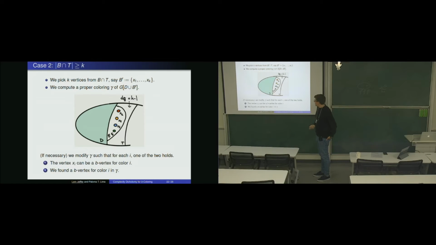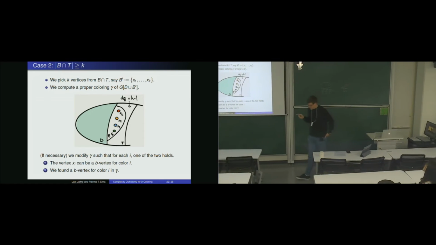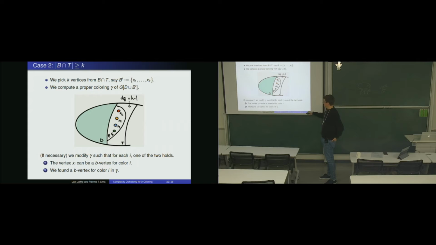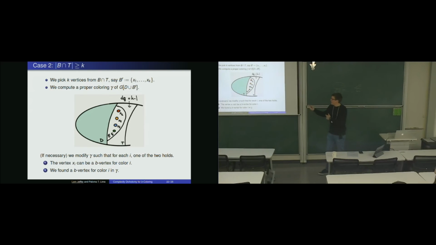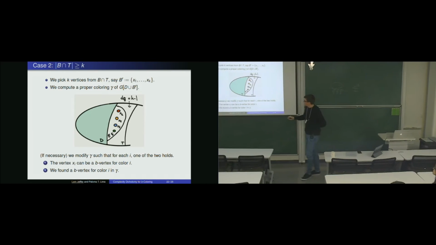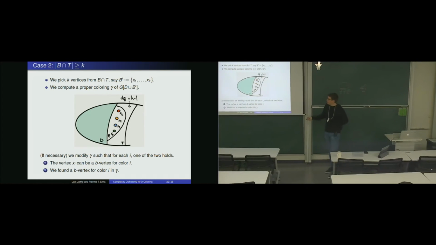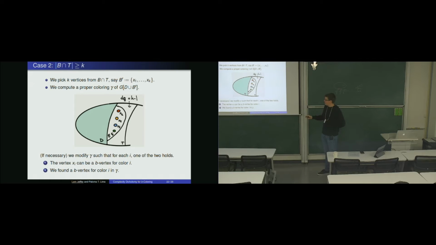Okay. And now what we do is the following. If this coloring gamma does not satisfy the following condition, then we will show that we can modify gamma to satisfy it. And this condition is that either every vertex xi can be a b vertex for color I, or we can find a B vertex for color I in this set D.